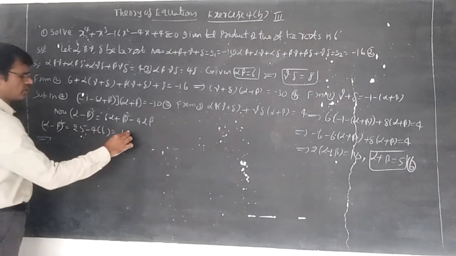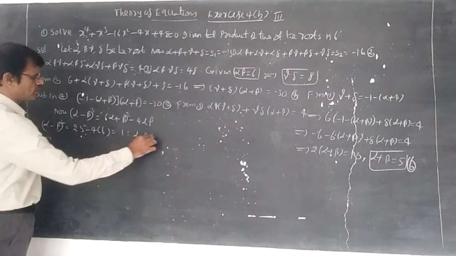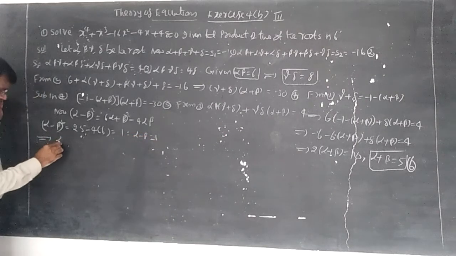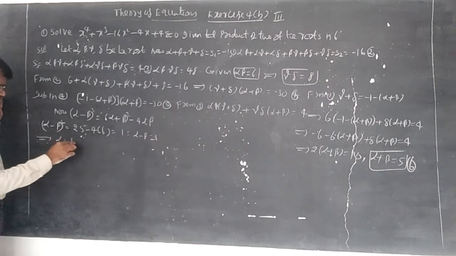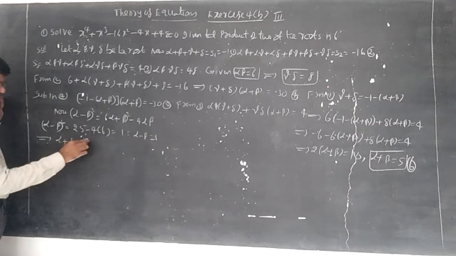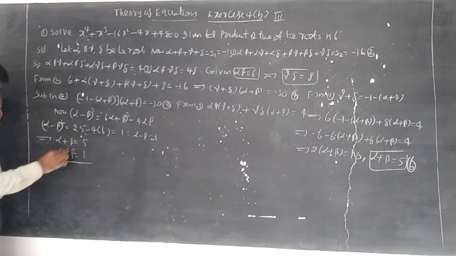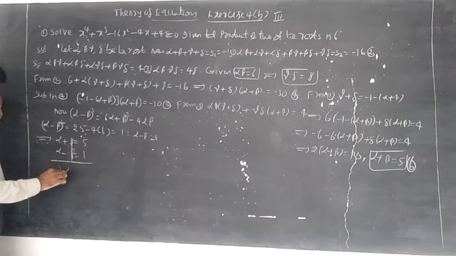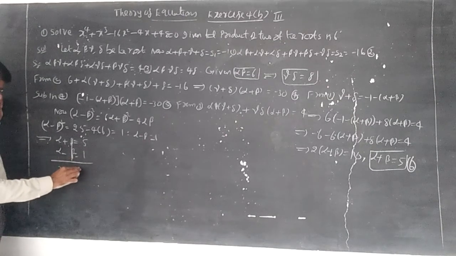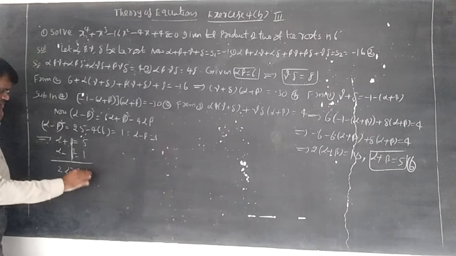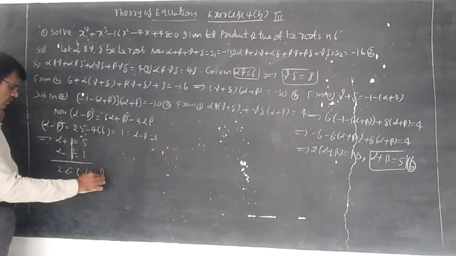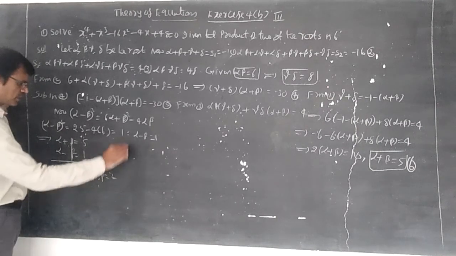So therefore I am writing alpha minus beta is equal to 1. That means alpha plus beta is equal to 5, and down you write alpha minus beta is equal to 1. You can get here 2 alpha is equal to 6, alpha is equal to 3. There only, beta is equal to 2 you can get.